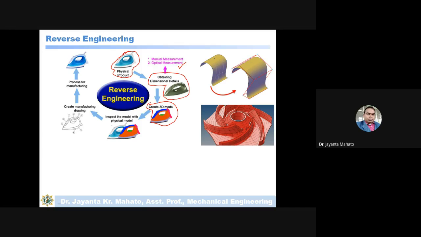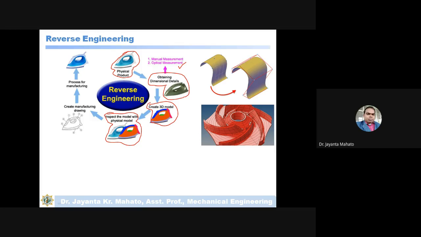Just compare the physical model from which we have taken the dimensions with the software model, the CAD model.